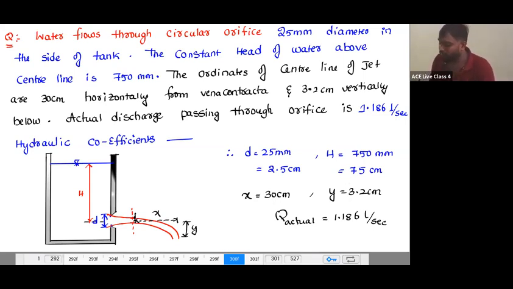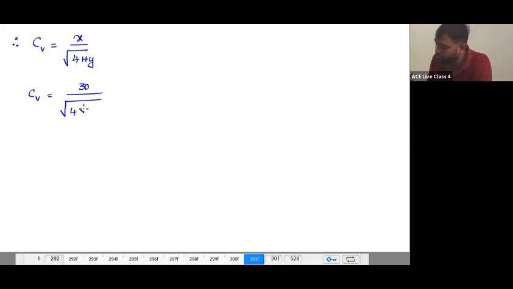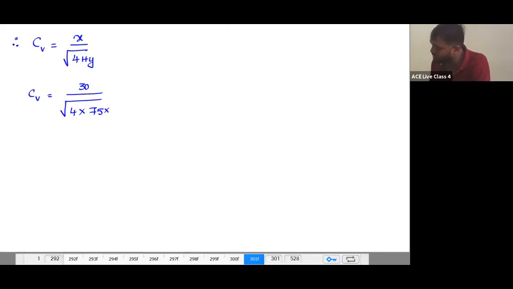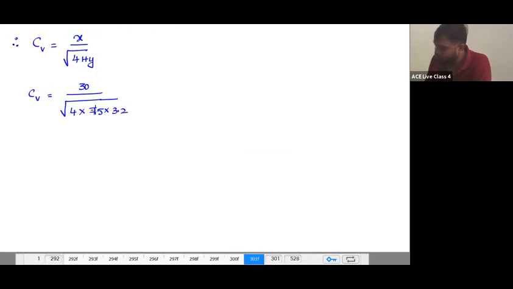First of all, I'll find out the coefficient of velocity. What is coefficient of velocity? CV is x by root of 4 into h into y. What is x given? 30 by root of 4 into h value. What is the h value? 75 into what is the y value? The y value is 3.2.